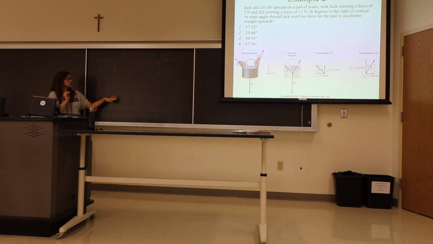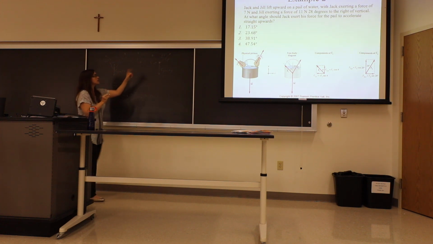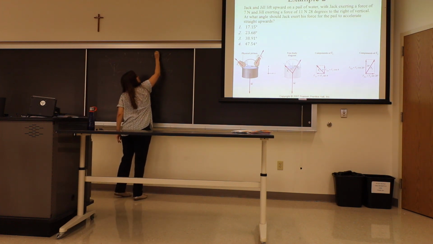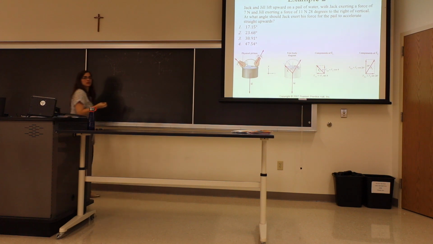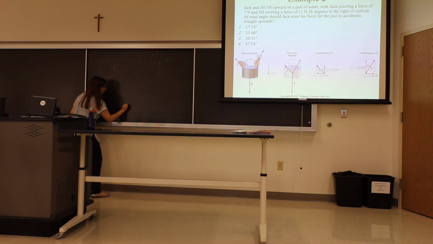Then we can use a little bit of trig to help us. We don't know the angle for Jack, so we say it's some theta. The magnitude of Jack's force is 7 newtons.